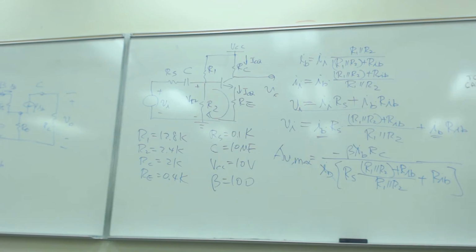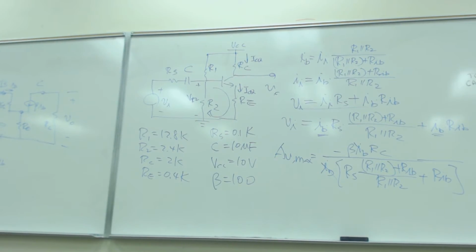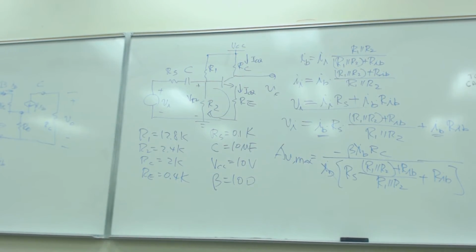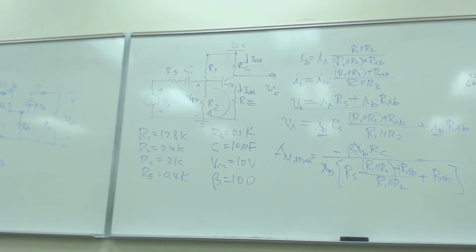Okay, so that's the expression of AB max. Now you can plug in the numbers, yes, right? So you can plug in the numbers and let me see what it is.